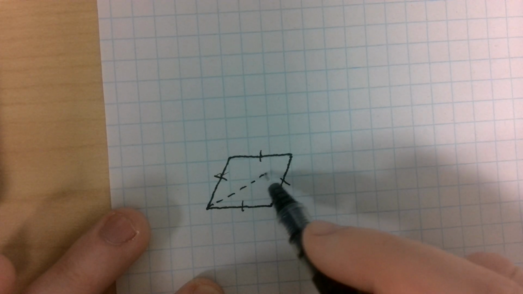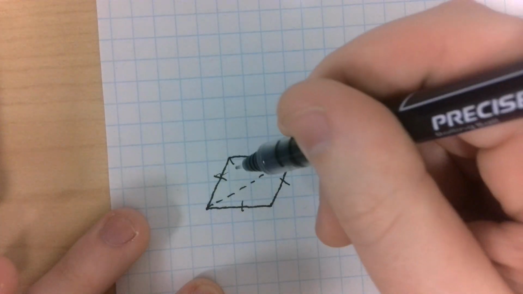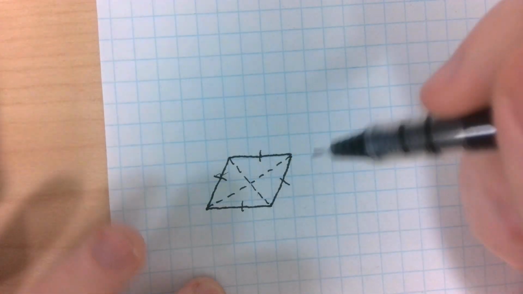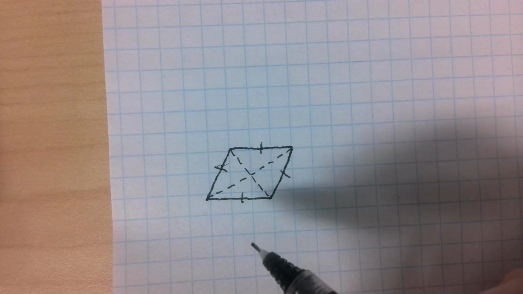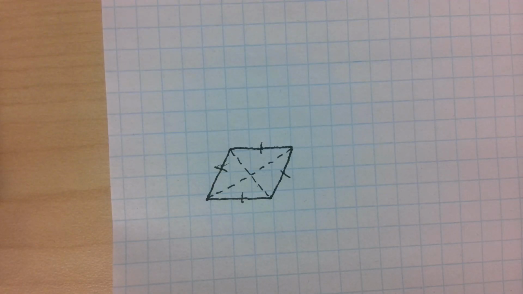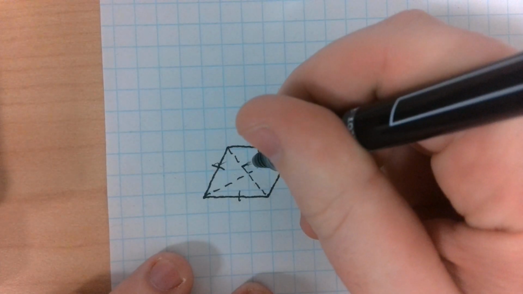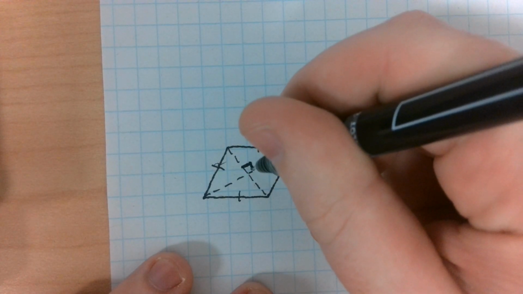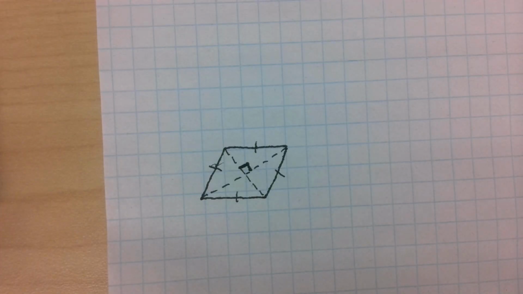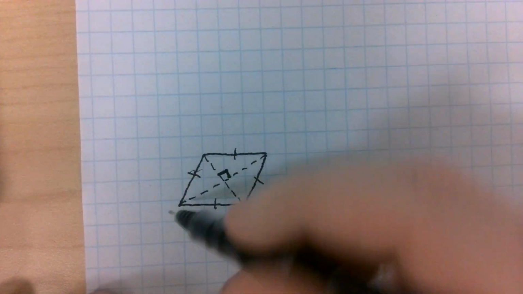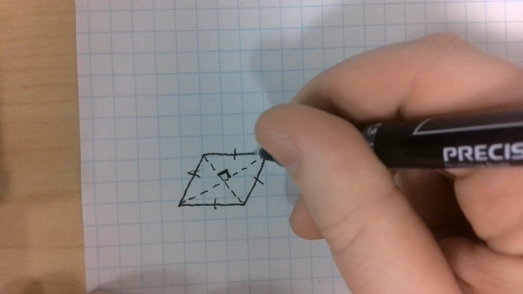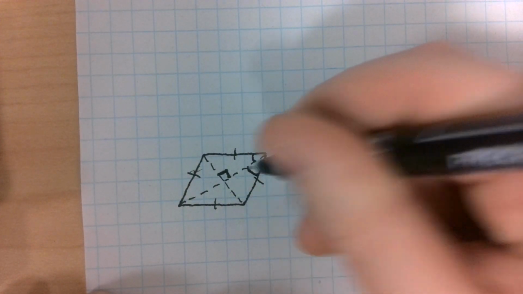I want to draw sort of a dotted line going across, and another dotted line going across. Well, because it's a parallelogram, we know that they bisect each other, but also there's a couple other things that we might notice. For instance, the angles formed by the diagonals are right angles. They cross and are perpendicular to each other. Second off, each of the diagonals seems to cut the opposite angles in half.